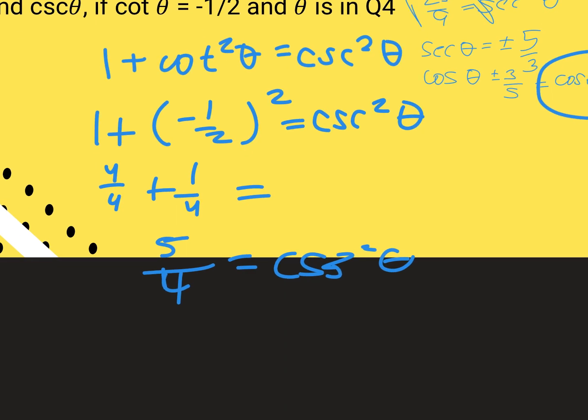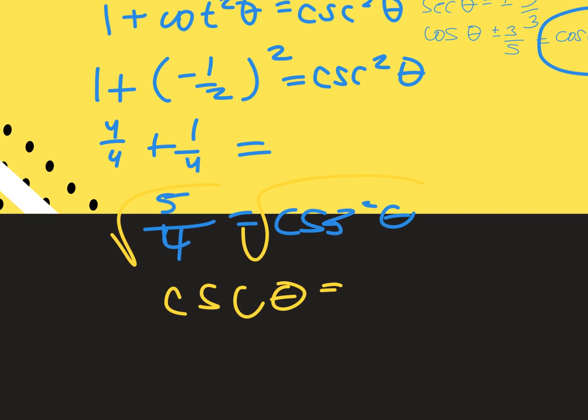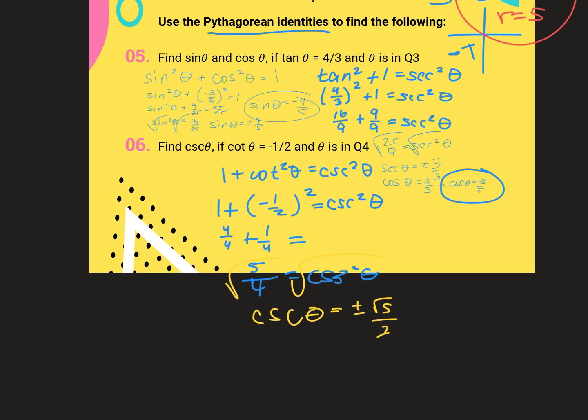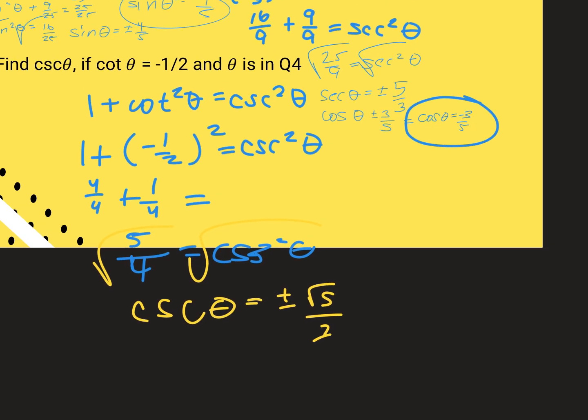So how do I figure out what cosecant is? Take the square root. So cosecant theta equals plus or minus what? The square root of 5 over 2. Now, I'm trying to find cosecant. I'm almost there. But I don't know if it's positive or if it's negative. Did they give me any information that could help me out there?